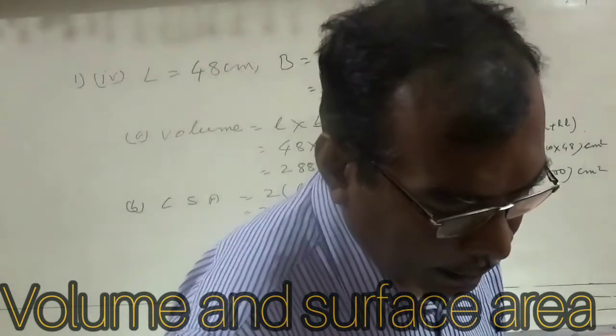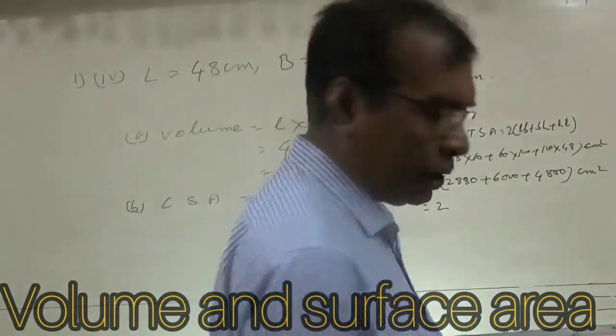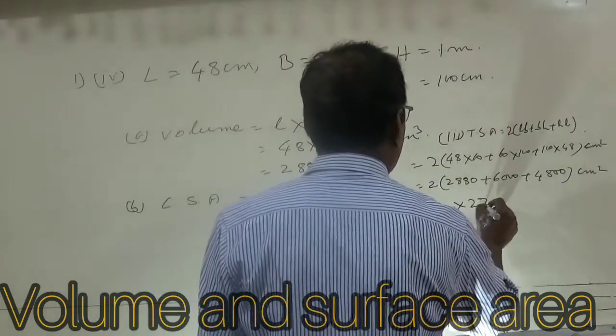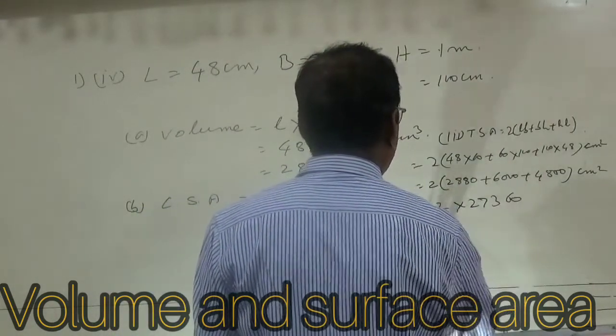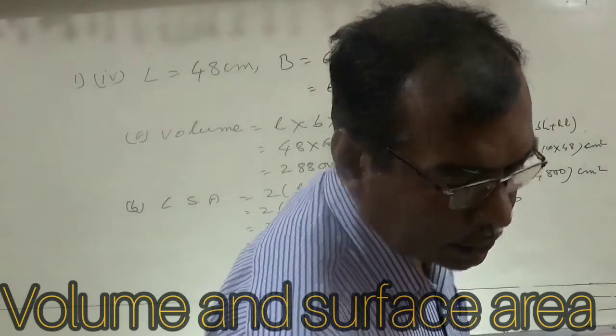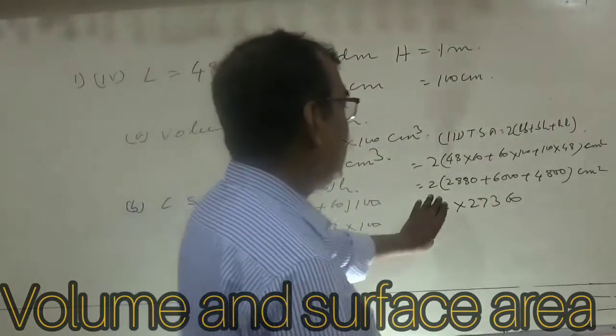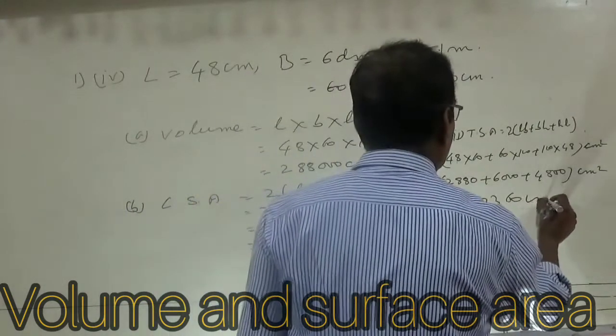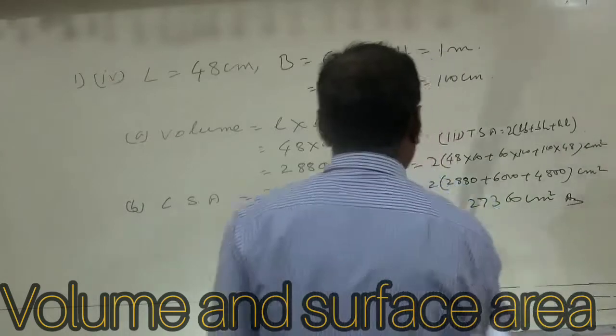If you add, then it will come as 27360. I have done these calculations earlier to save time. That is 27360, the total after multiplication by 2. So this will be the third answer.